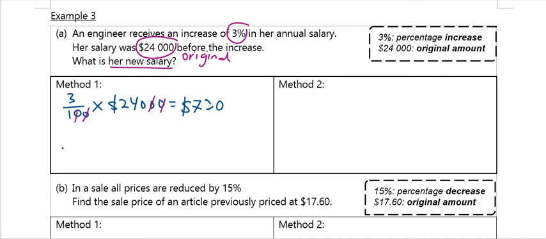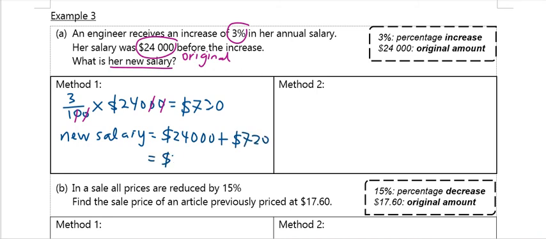So the new salary will be, obviously, the original amount added with $720. So you will have $24,720. So that's the first method.